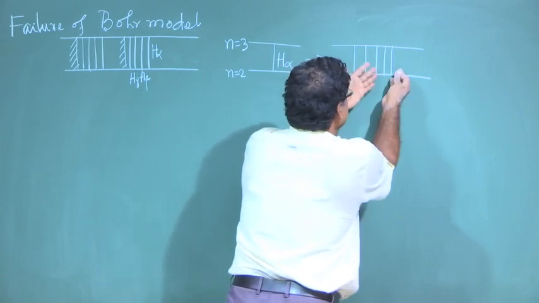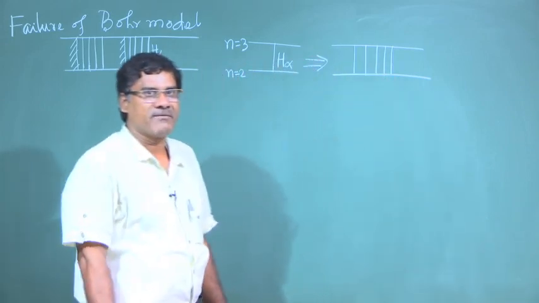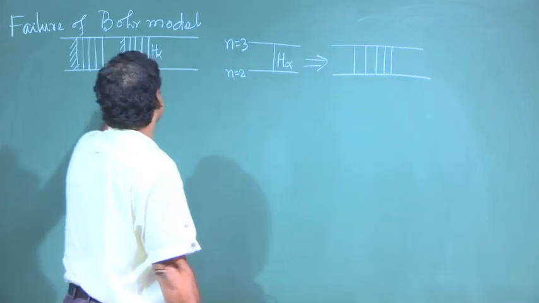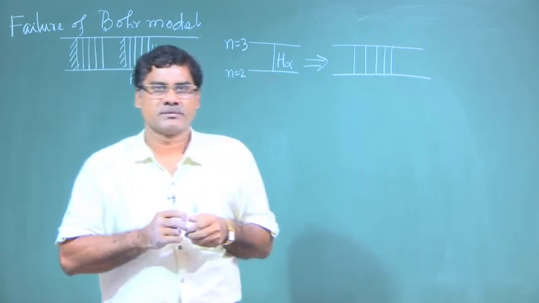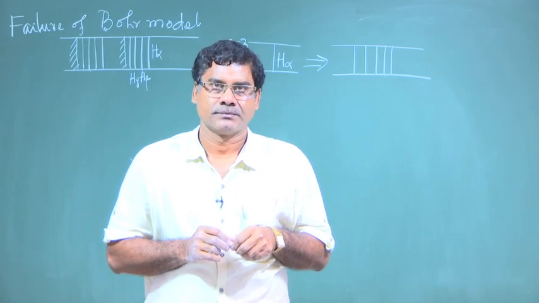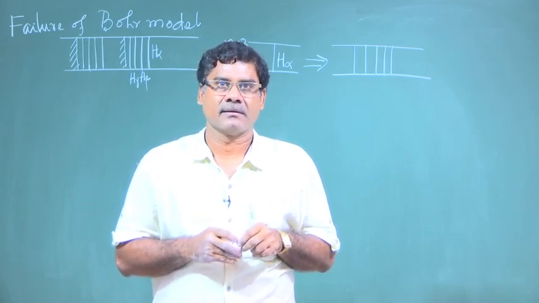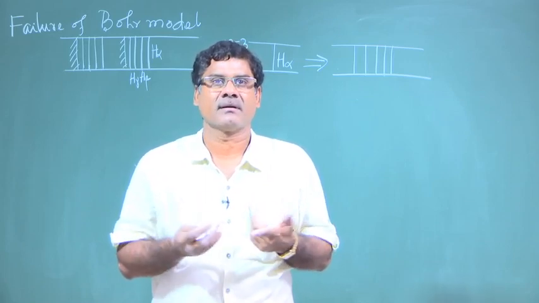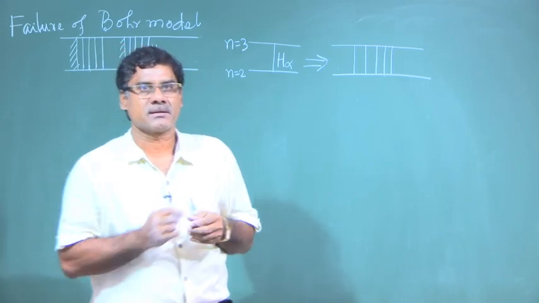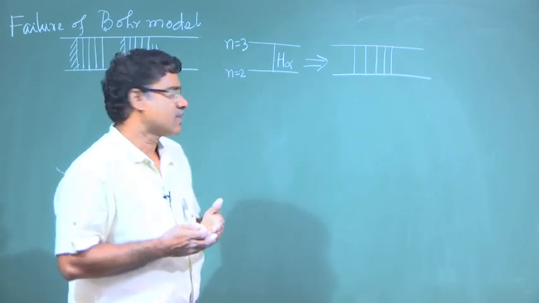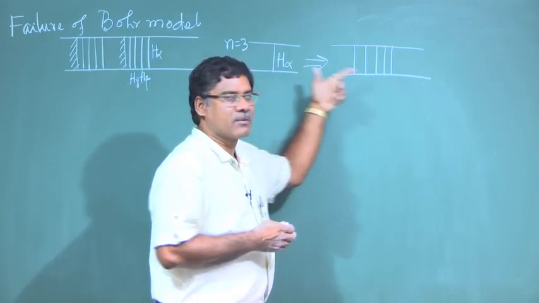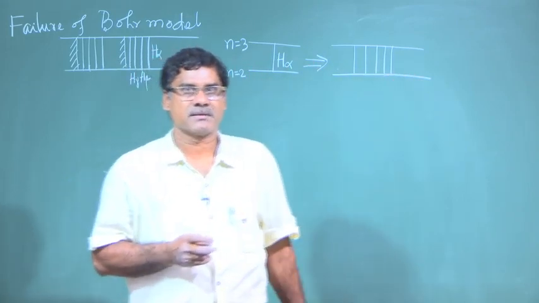So, what is the origin of these 5 lines? That means all other lines whatever we are seeing in an ordinary spectrometer, it is not a single line. Each and every line is composed of many lines. How many depends, but in this case H alpha is composed of 5 lines.